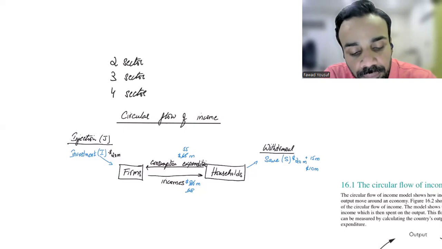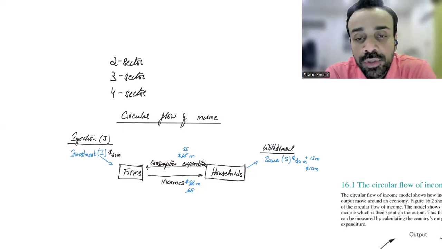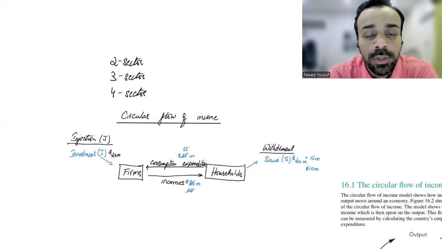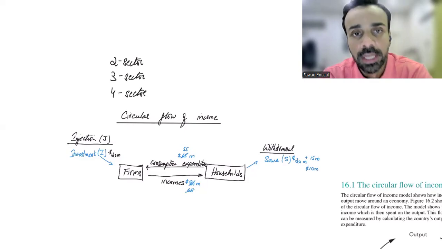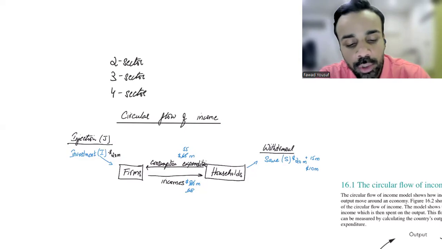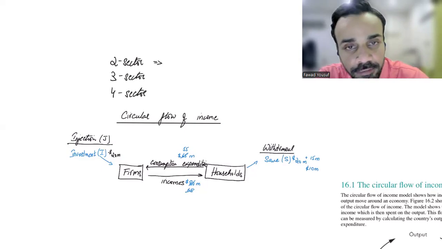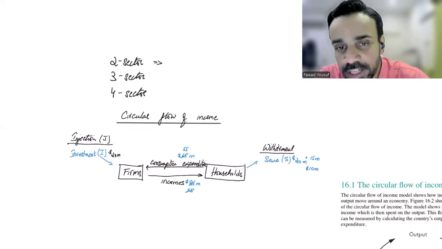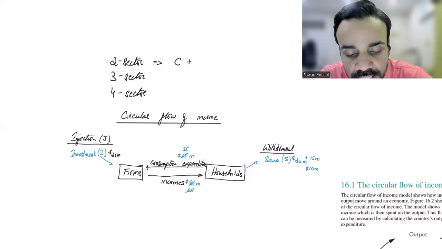Well, there is no such thing as a one sector economy, because you need to have consumers and producers to have some sort of trade to happen. तो कम से कम टू सेक्टर इकोनॉमी होना जरूरी है. तो टू सेक्टर इकोनॉमी के अंदर you have firms who do investments and you have households who do consumption.